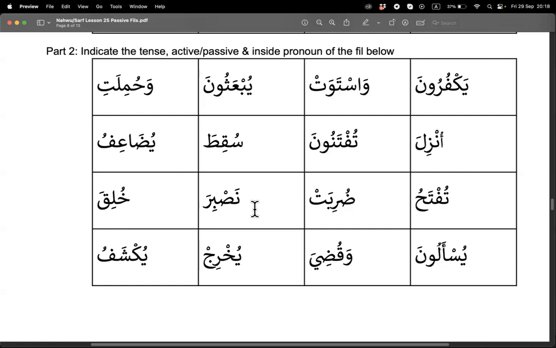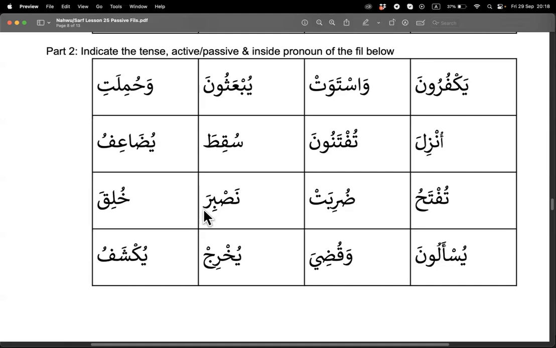Okay, good. Next one, nasbiro. This one is fi'il mudari, and then this one is maklum. Yes, this is maklum. Why is it fathah for fi'il mudhari'?